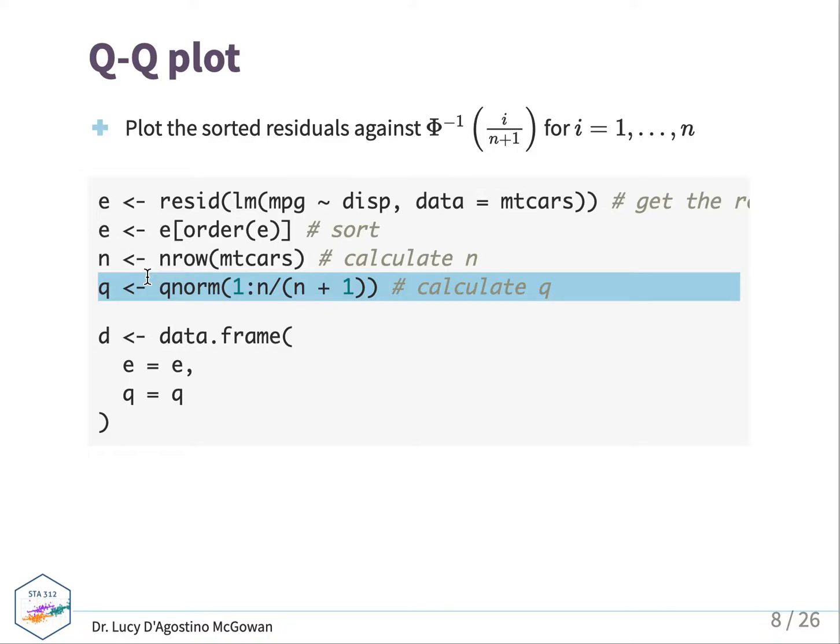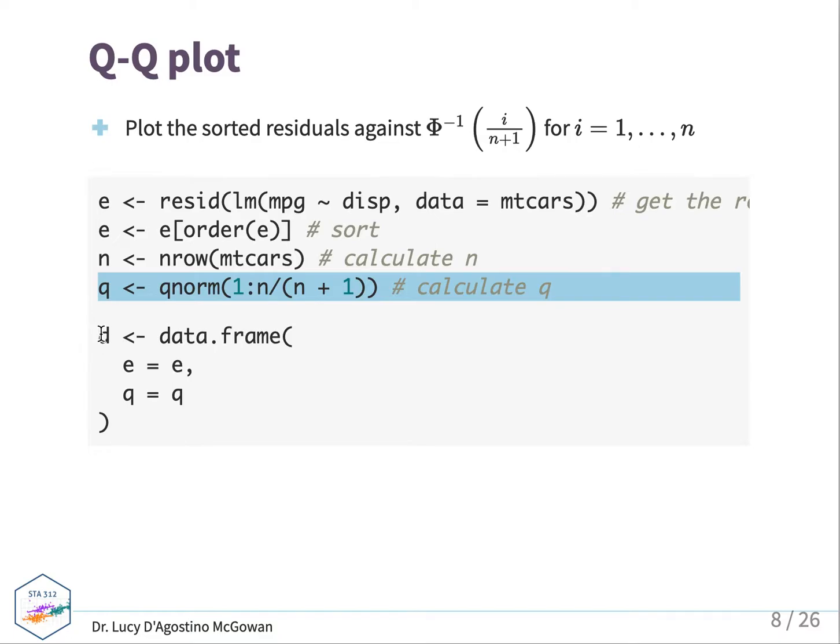Q refers to quantile. And in this case, we're going to go from 1 to n over n plus 1, because we're indexing, this i here is going from 1 to n, and we're dividing by n plus 1. Okay, so we've got e, our residuals, and we've got them sorted, and then we have q, what we're going to stick on the x-axis of this plot.